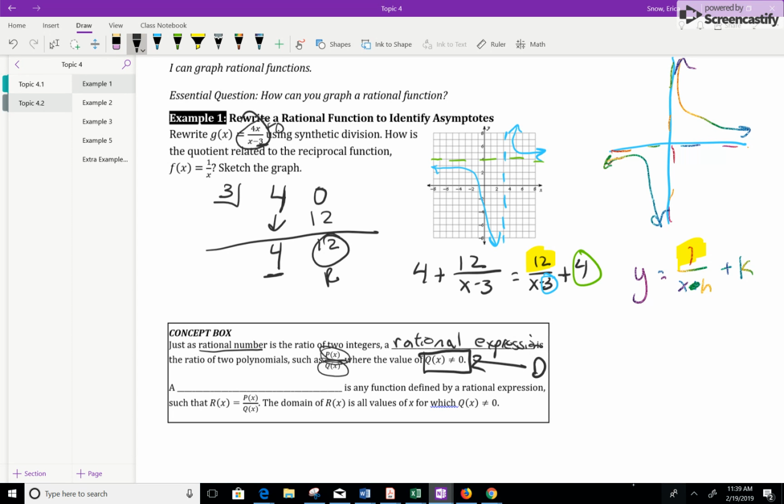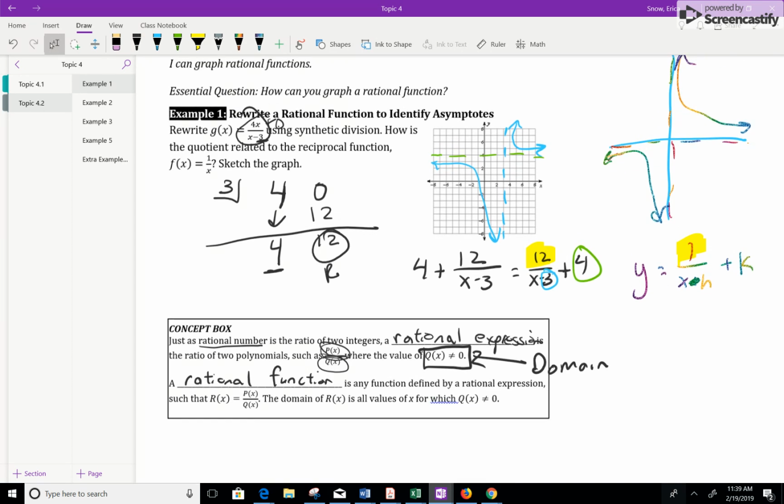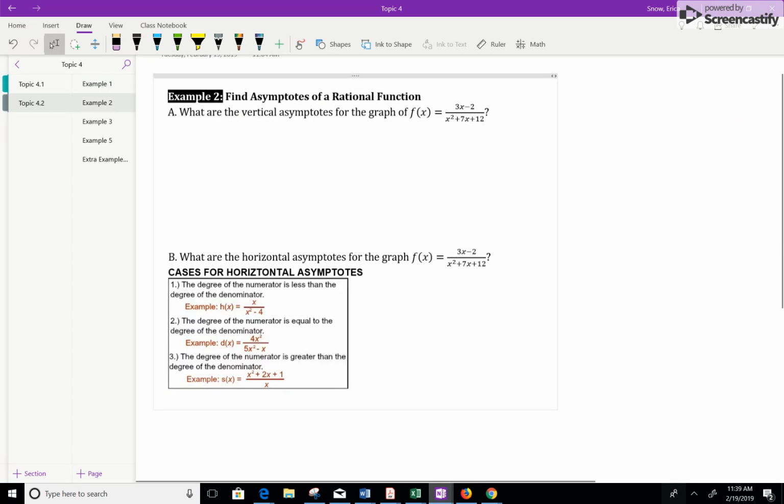So your domain is going to change. And then a rational function is any function defined by a rational expression such that r of x is that. So rational functions have that fraction bar. So now let's look at how we find our asymptotes for a rational function.